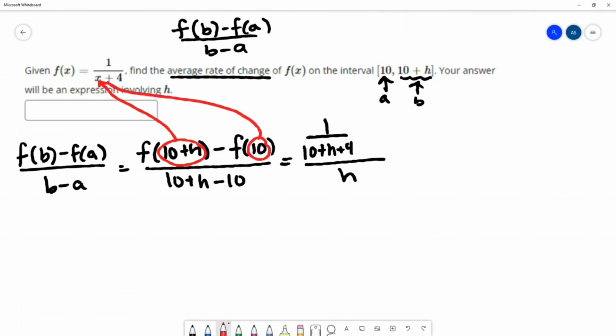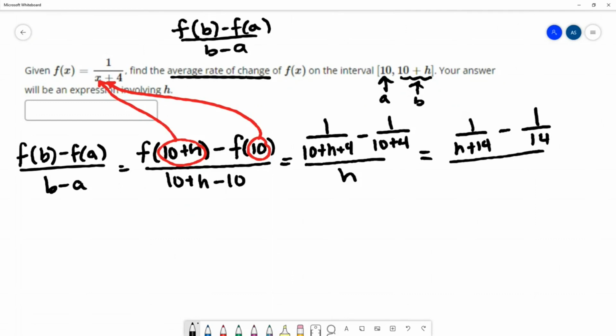We're going to substitute 10 into our function. So we have minus 1 over 10 plus 4. We'll simplify this to 1 over h plus 14 minus 1 over 14 over h.